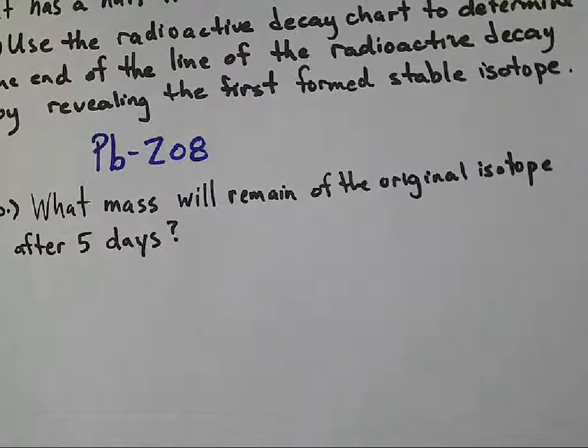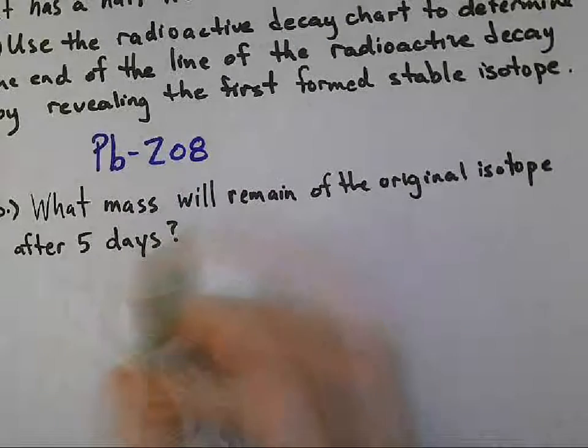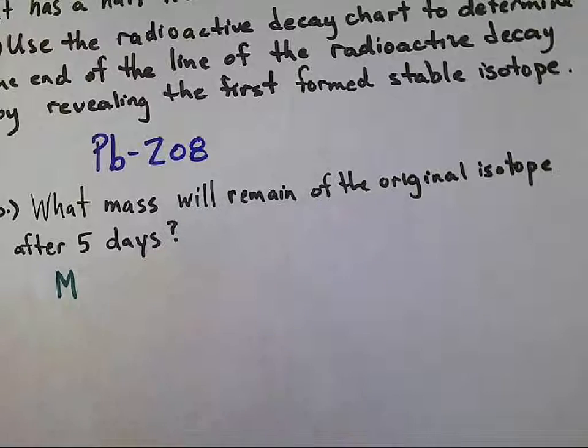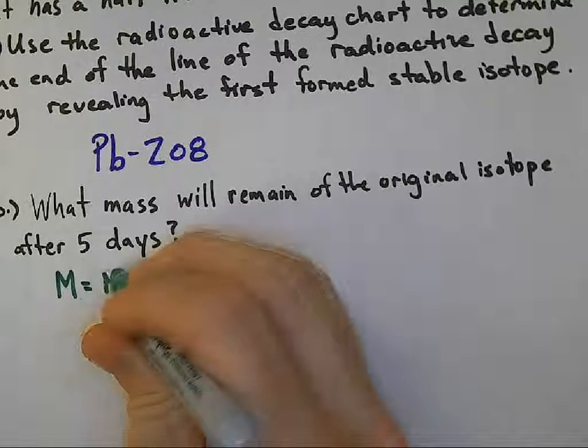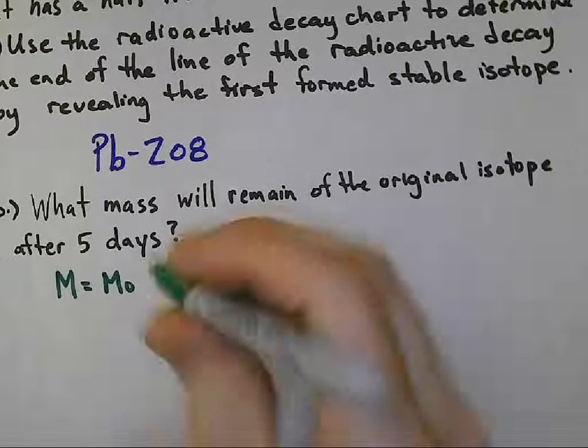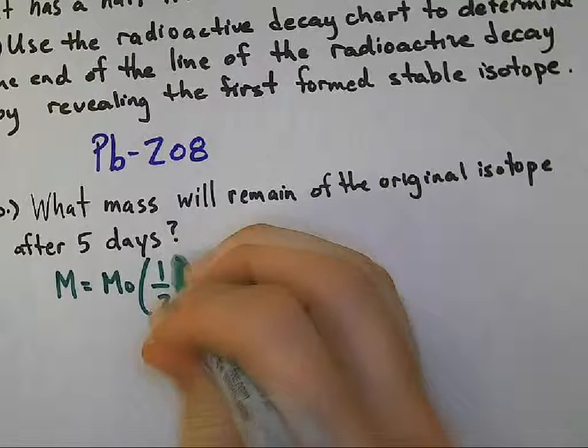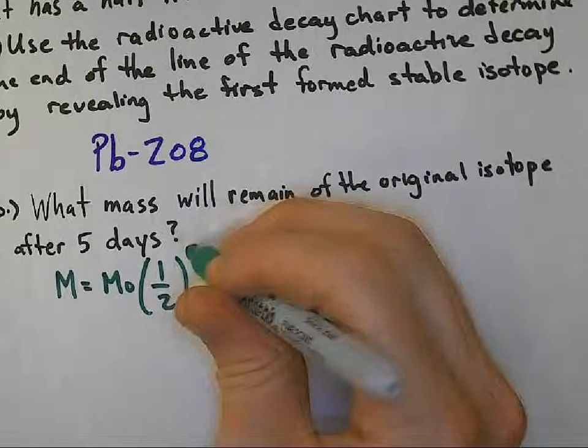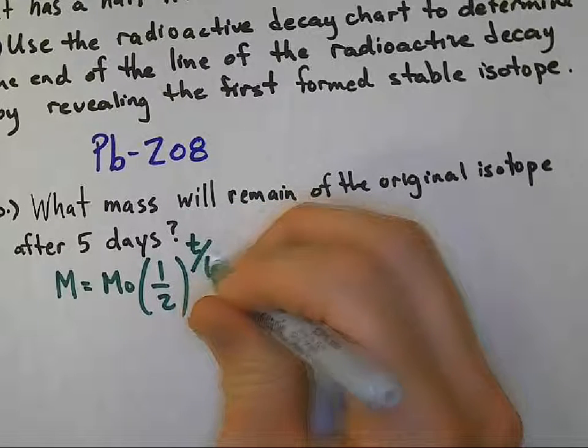And we should remember, or I'm going to tell you, and this is a good thing to have for your formula sheet if you guys are preparing it, along with all of the alpha decay, beta positive, and beta negative decay formulas. To determine the remaining of our isotope, M is equal to our original amount, 1/2 to the exponent of T over the half-life.